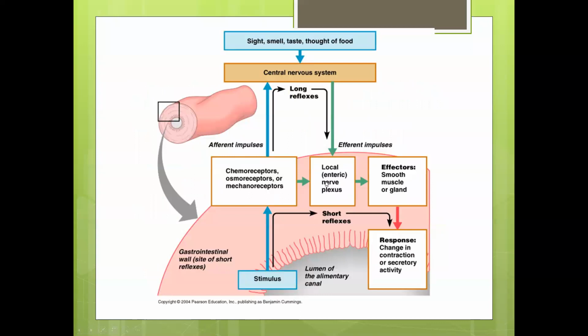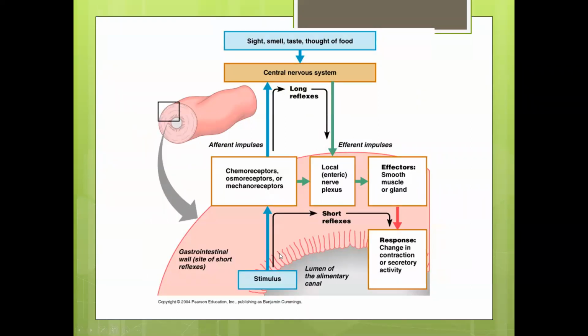So here we can see we've got long reflexes that are going to affect the brain, but then we have short reflexes that are only going to affect the myenteric, those two enteric plexuses. So when you're eating, you don't have to send the stimuli out to your brain. It's local.